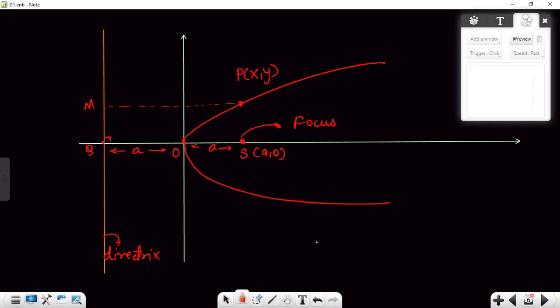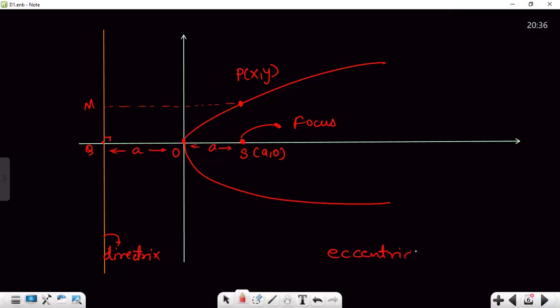Now we also discussed eccentricity in a parabola. Eccentricity in a parabola is always 1. What is eccentricity? What is that common ratio?